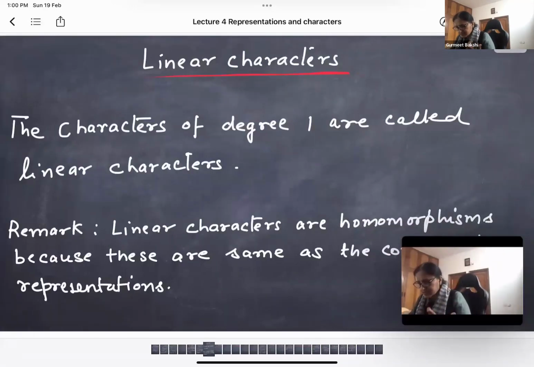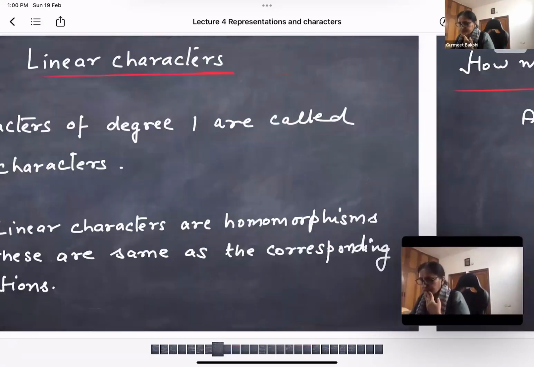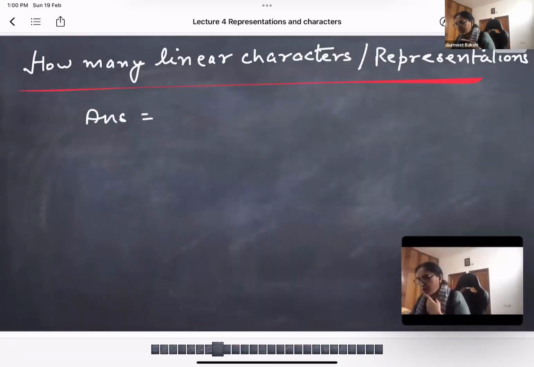A linear character means a character corresponding to a linear representation, which is a homomorphism, but in general characters of degree more than 1 are not homomorphisms, because you're taking trace, and trace is not multiplicative. How many linear characters are there? When G is abelian, you have |G| irreducible characters, and all of them are linear.